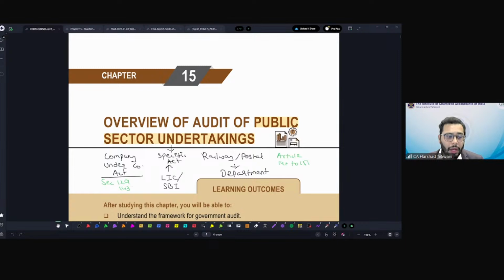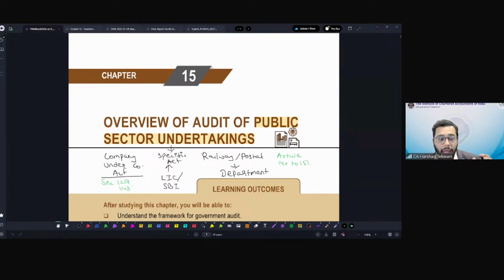Now, for audit of public sector undertakings that are companies, the requirement is there in sections 129 and 143. For a specific act, as I discussed in the last session, let's say LIC, they have a specific act, and in that act there is a requirement for the audit of accounts.